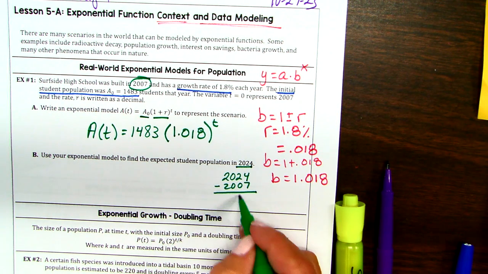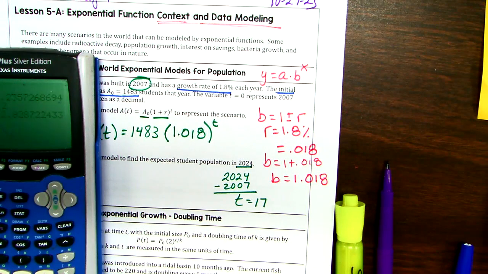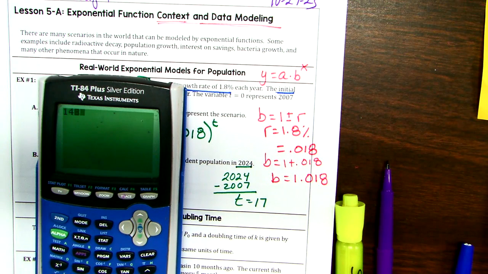So we can just find the difference. So t is 17. So all I'm going to do is plug t into the spot for t in my calculator, and let's see what we get. So 1483, parentheses, 1.018.